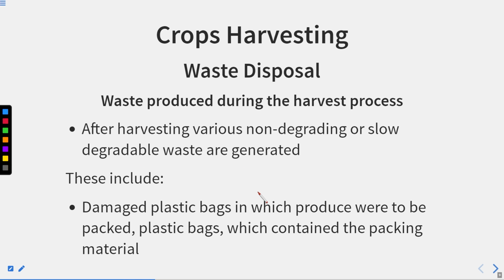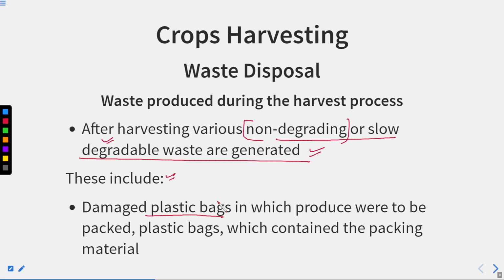Waste produced during the harvest process. After harvesting, various non-degrading or slowly degradable wastes are generated. Sometimes it is non-degradable waste and sometimes degradable waste. These include damaged plastic bags, because you collect the fruits in plastic bags at the time of harvesting.